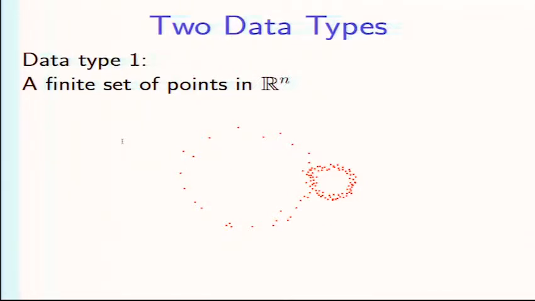Of course, data means many things to different people, but for us, data typically means two things. First, when we talk about data, we often are talking about finite sets of points in n-dimensional space, in Rn. And more generally, we can talk about finite sets of points sitting in some reasonably nice space, or even any set of points that has some abstract notion of distance between points.